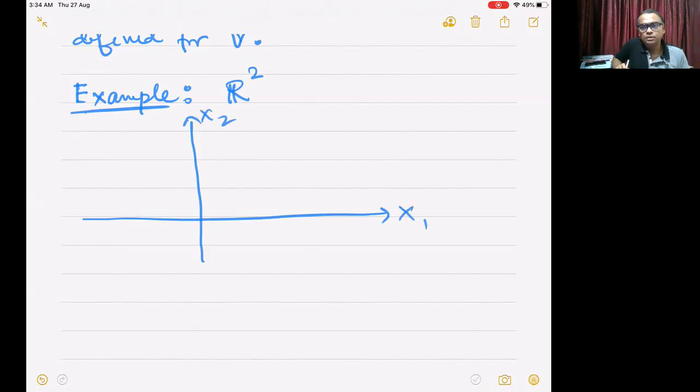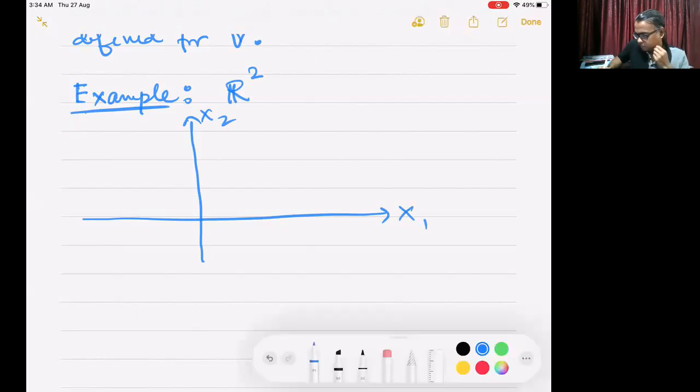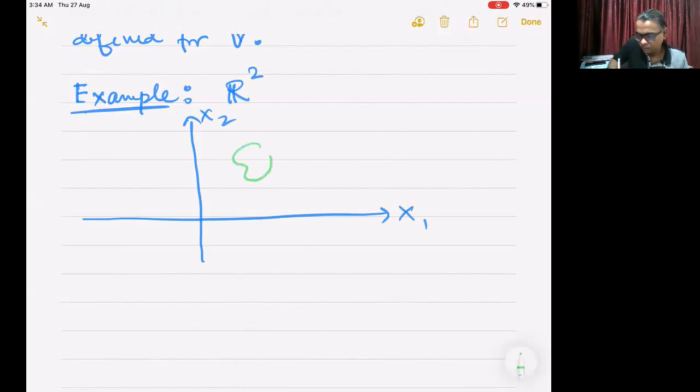What sort of subsets will be subspaces? Suppose I take this collection of vectors. Each vector is an arrow, so it can be identified with a point also.